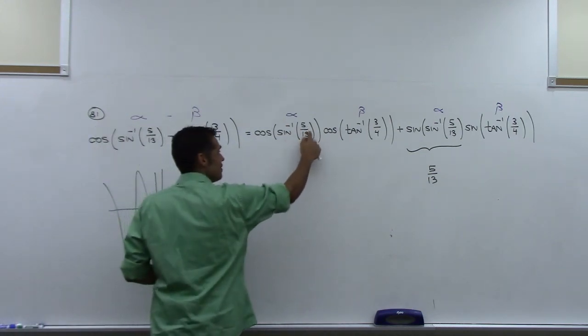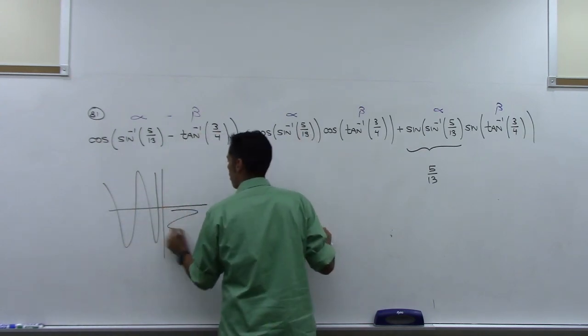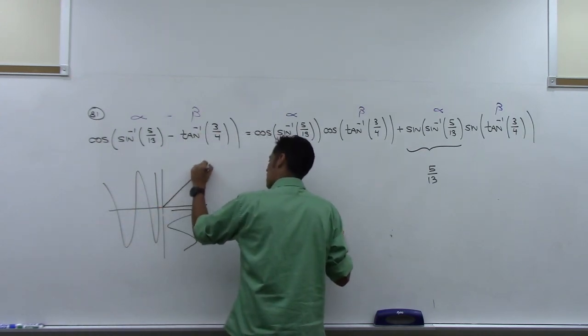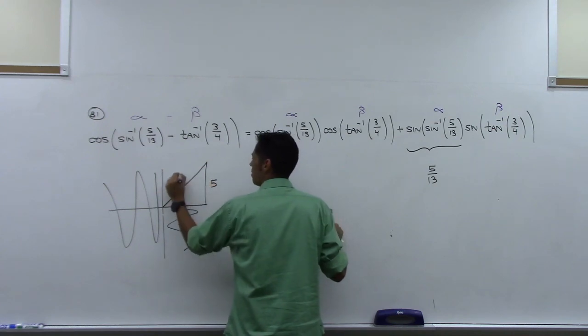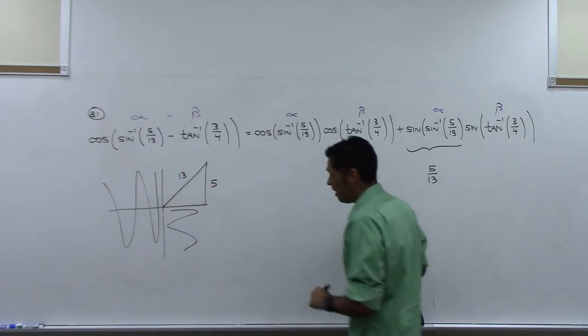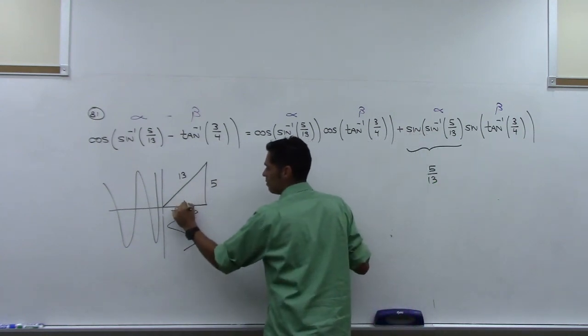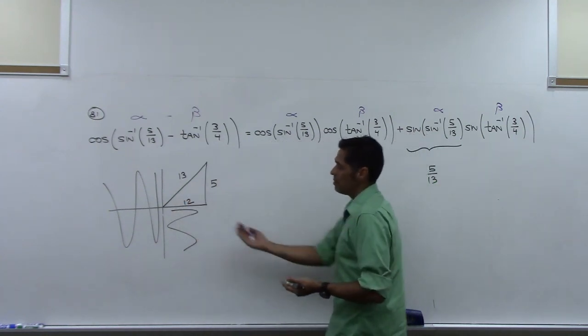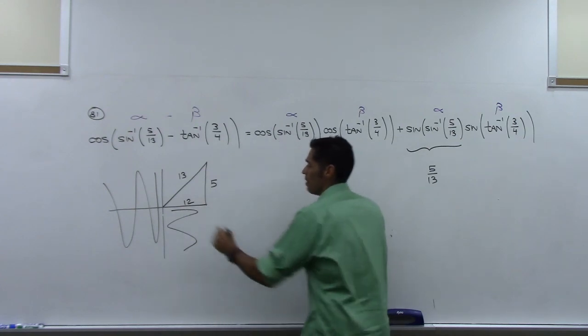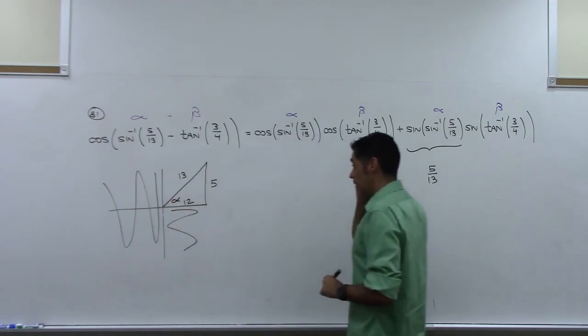This is positive, so I must be in the first quadrant. And that means my opposite side must be 5 and this must be 13. We did that one earlier and I messed it up real bad. But when we do this, this should be 12. And it should be positive because it's in the first quadrant. So this is our triangle for alpha.